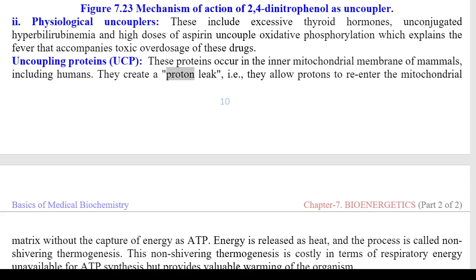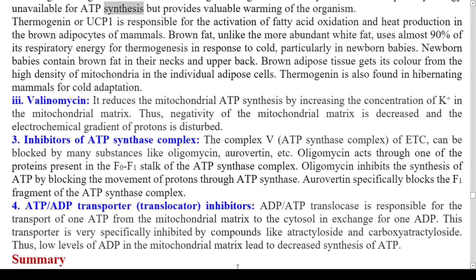They create a proton leak, i.e., they allow protons to re-enter the mitochondrial matrix without the capture of energy as ATP. Energy is released as heat, and the process is called non-shivering thermogenesis. This non-shivering thermogenesis is costly in terms of respiratory energy unavailable for ATP synthesis but provides valuable warming of the organism.